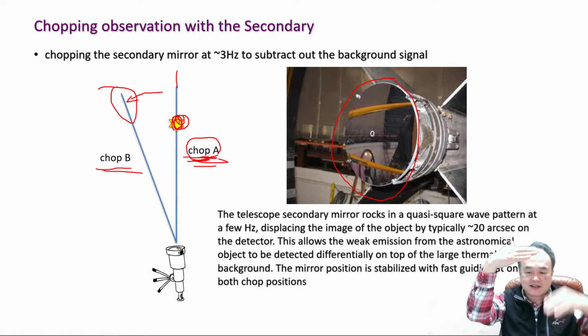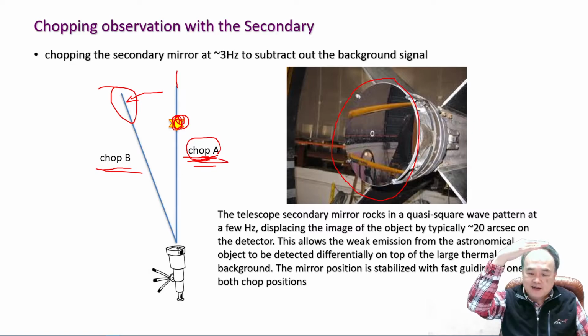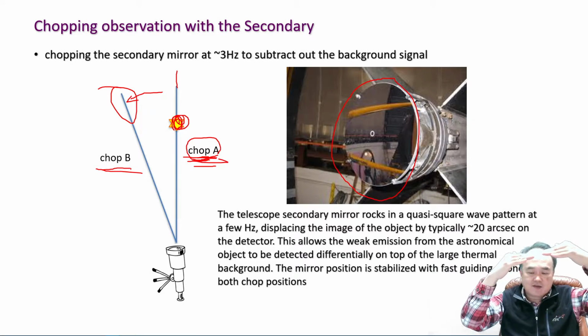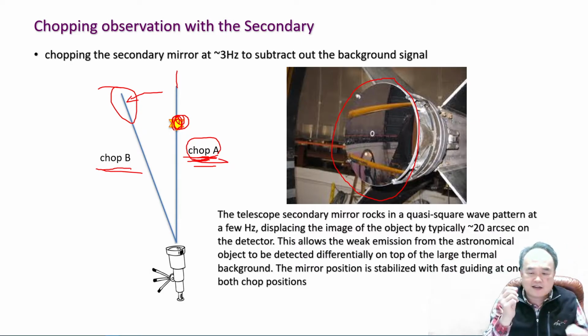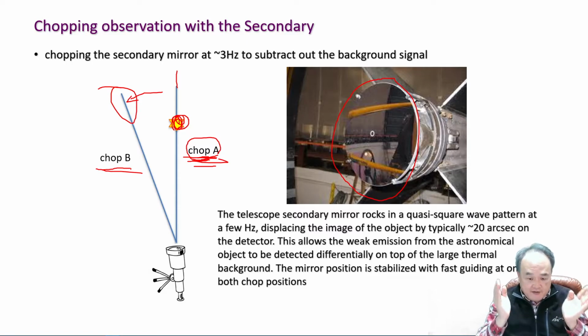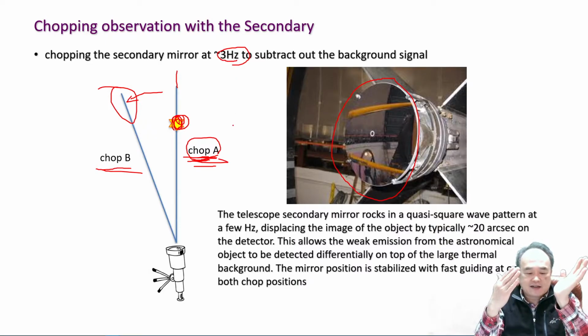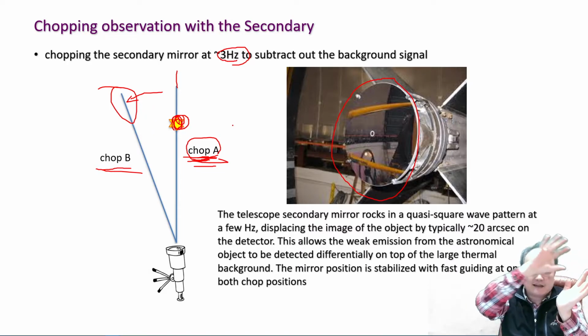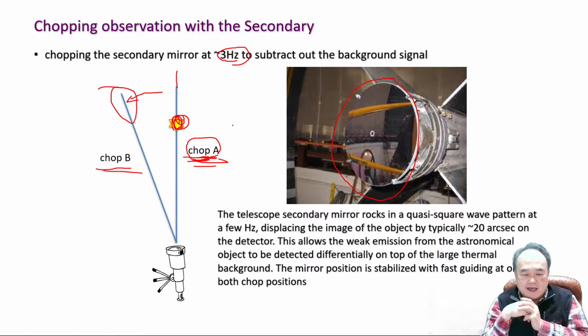So basically, in a sense, the non-destructive readout frame at the position A and then position B, and multiple rattlings, we obtain a difference image between the position A versus position B. Doing this fast enough, so typically a few times per second, about 3 hertz, we can subtract the really bright mid-infrared background sky before it changes.